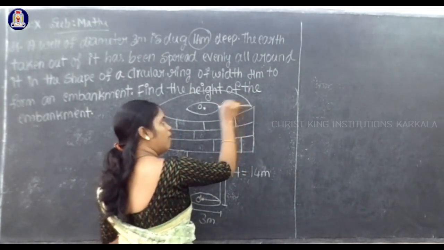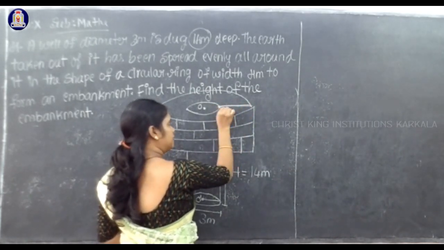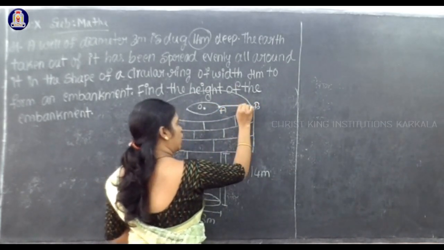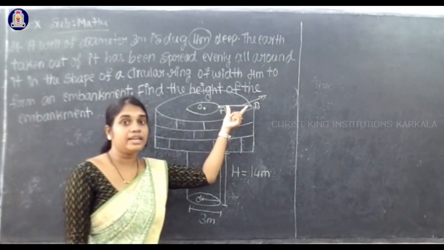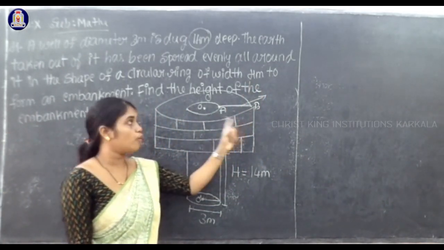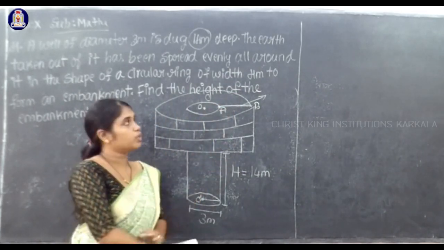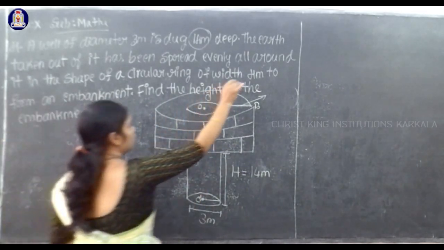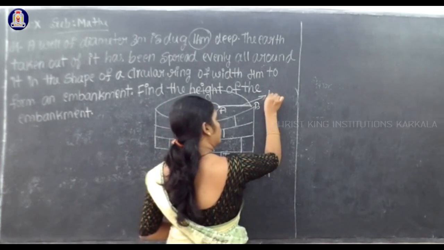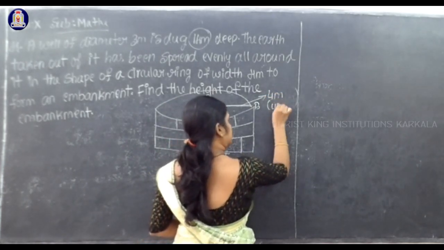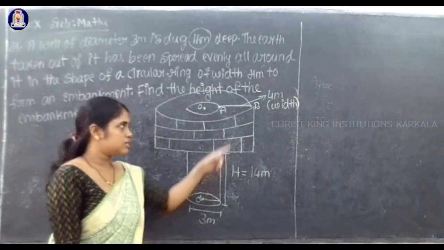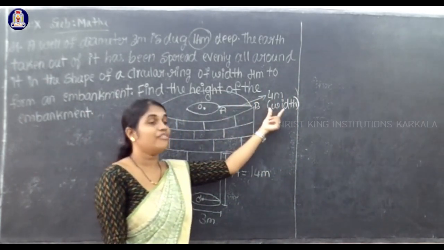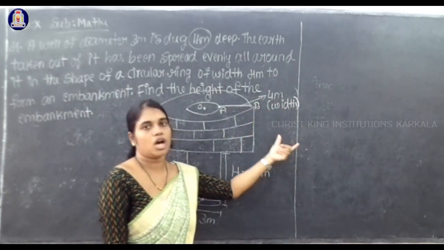I represent it by AB. AB will represent the width of this circular ring. What is the width given? Width is equal to 4 meter. This 4 meter indicates the width of the circular ring.